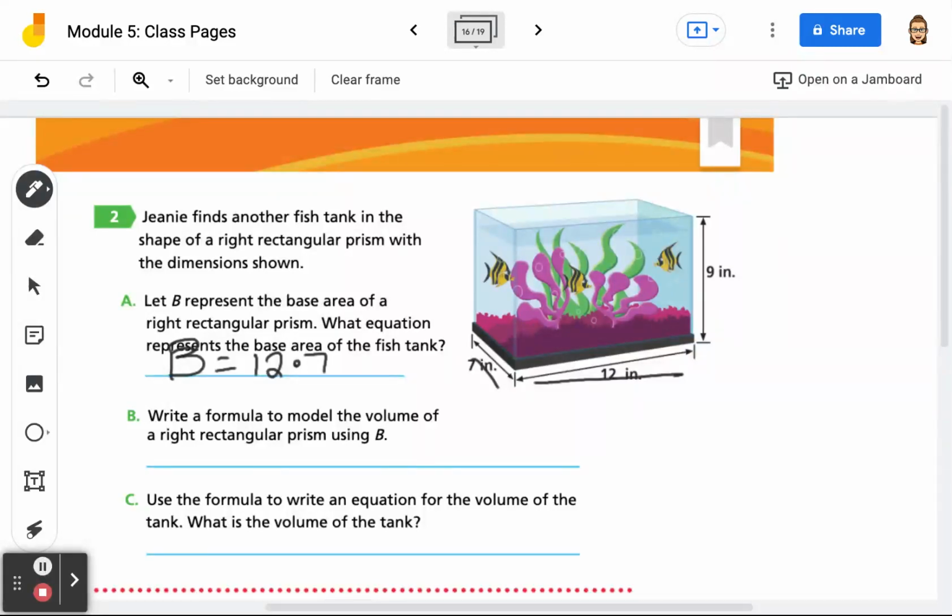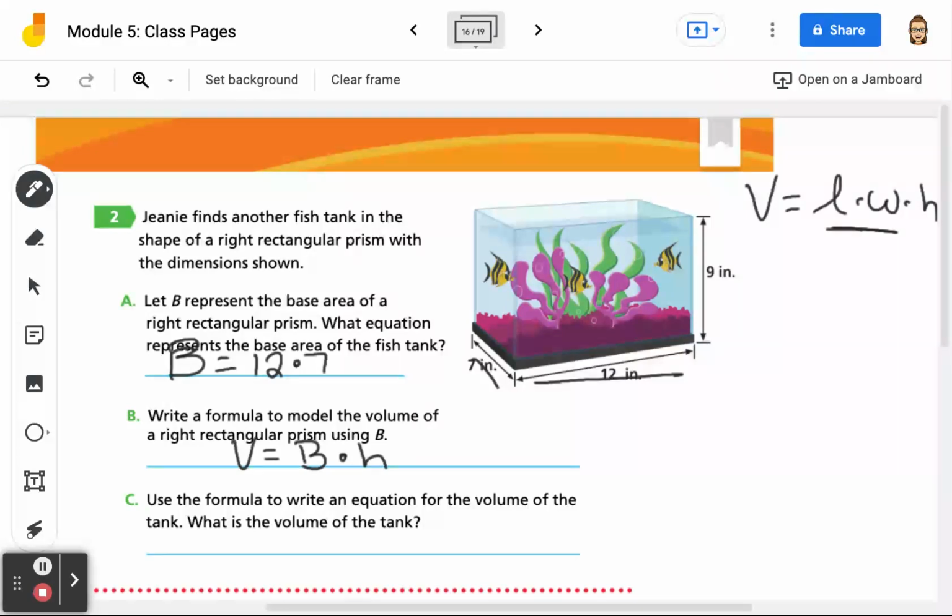So we said before that the volume equals length times width times height. So if we already have this part taken care of, we'd have volume equals base times height.